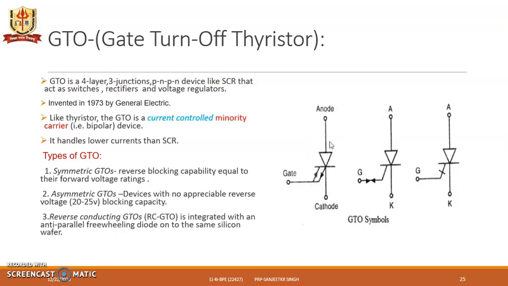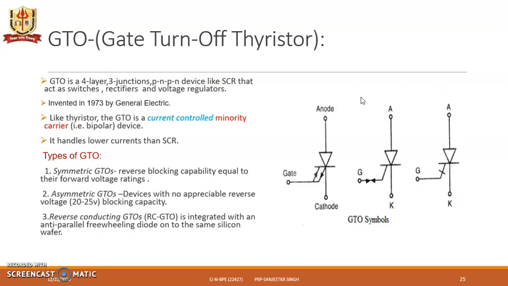If they are different, if the reverse blocking capacity of the GTO is less than that of the forward, then it is an asymmetric GTO, and generally this reverse voltage blocking capacity is of the order of 20 to 25 volt. The reverse conducting GTO, the third category, is integrated with an anti-parallel freewheeling diode onto the same silicon wafer. So, it will have an anti-parallel freewheeling diode.